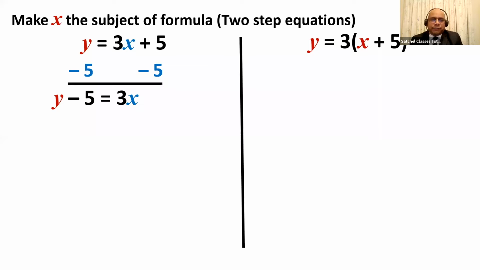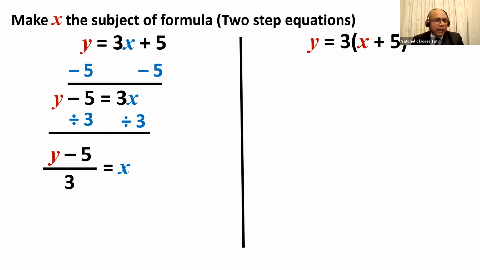Now it's easy to shift the 3 to the left hand side. In 3x, 3 is getting multiplied to x. So to get rid of 3 on the right hand side, I need to divide both sides by 3. So you are left with x on its own because 3 divided by 3 is 1. On the right hand side, you are left with x on its own, and on the left hand side, we have y minus 5 divided by 3.